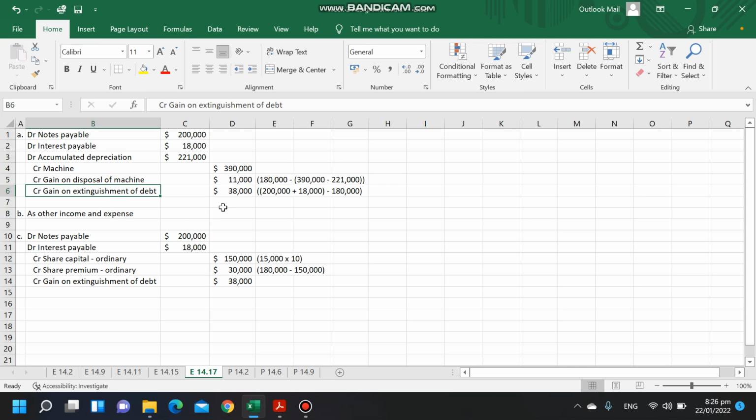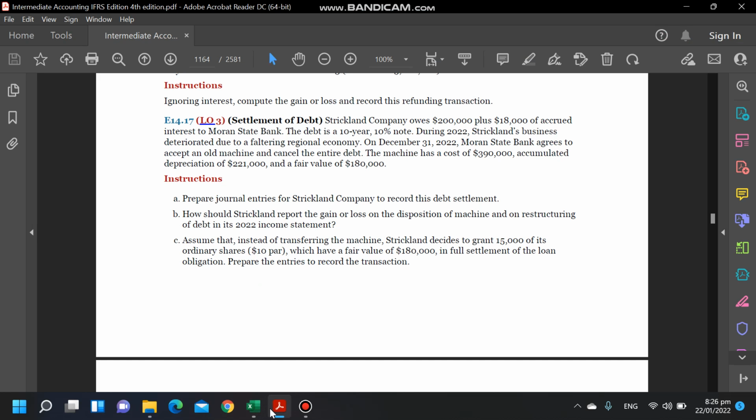And then credit gain on extinguishment of debt, which is the total debt minus the fair value of the machine, 38,000.